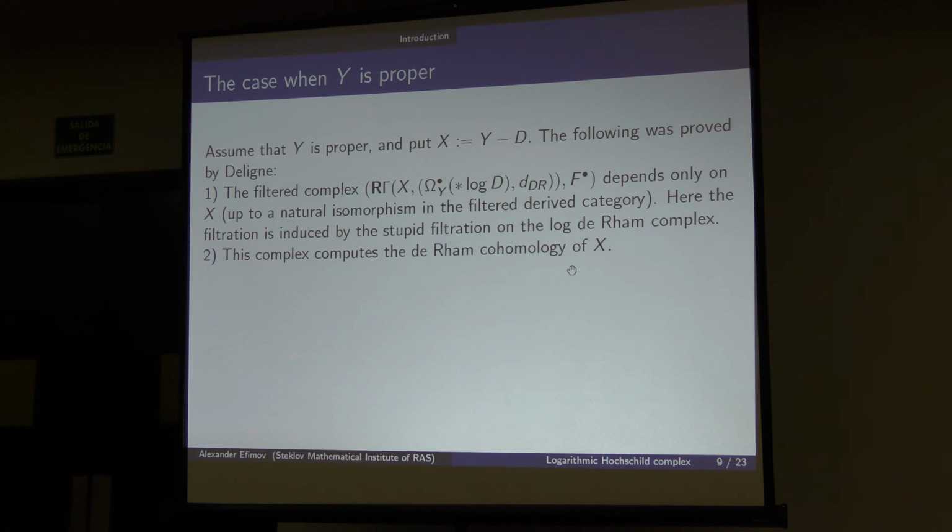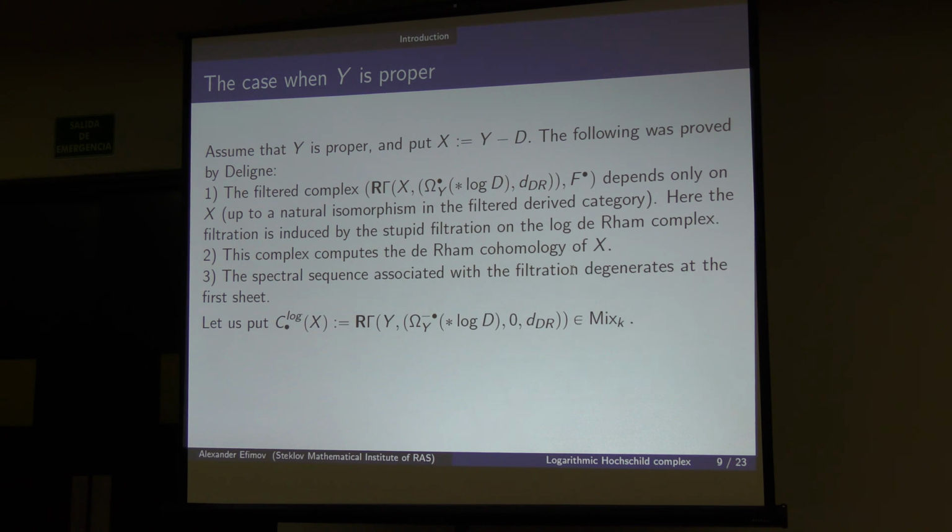Second, this complex actually computes the de Rham homology of X, not only over complex numbers, but over any field of characteristic zero. And third, the spectral sequence associated with this filtration degenerates. So it's a generalization of the Hodge-de Rham degeneration for smooth and proper varieties.